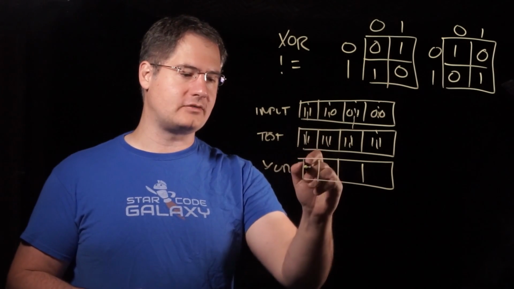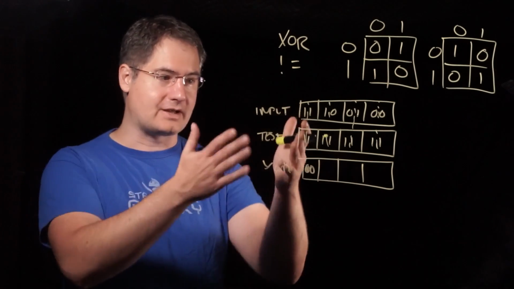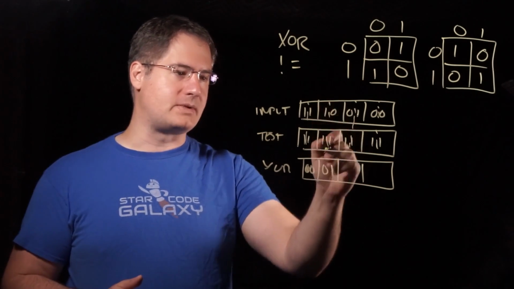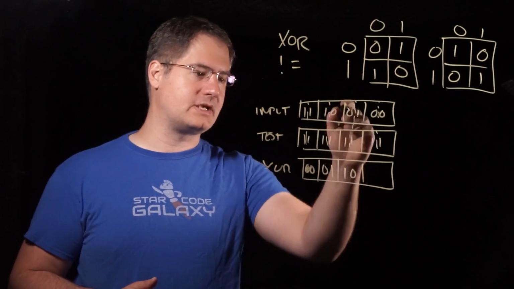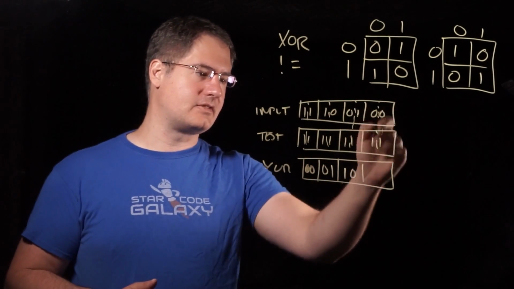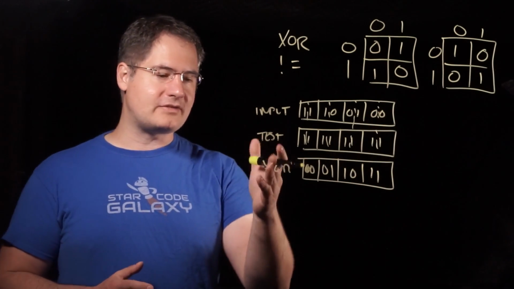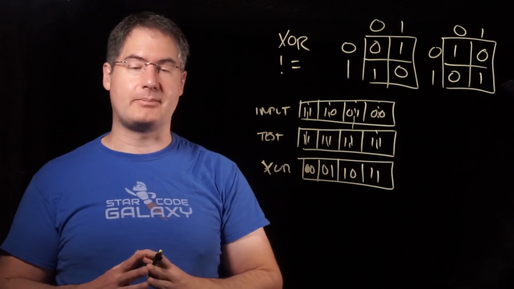So these ones both become zeros, because they are not different. This becomes a 0, but this becomes a 1 because there is a difference there, right? This becomes a 1, this becomes a 0, so these flip. And in this case, they are both 1s because neither are the same. So again, this is effectively a not equals operator.